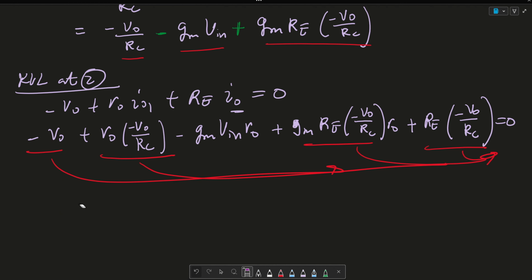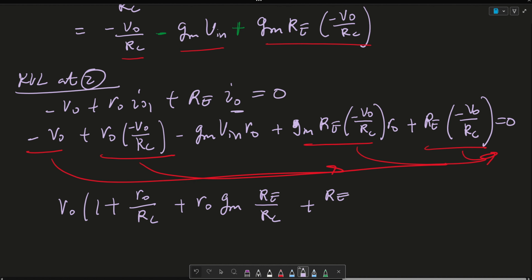Let me use a different color. We get VO times 1 plus RO over RC plus RO GM RE over RC, and then the last term is plus RE over RC, is equal to Vn times minus GM RO.